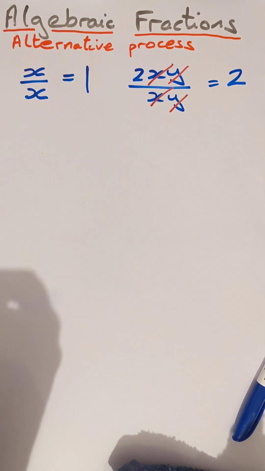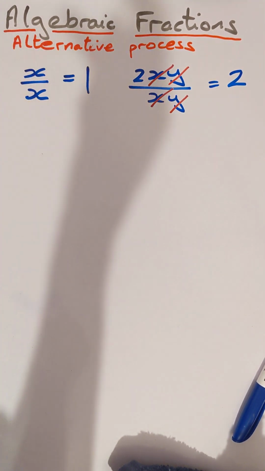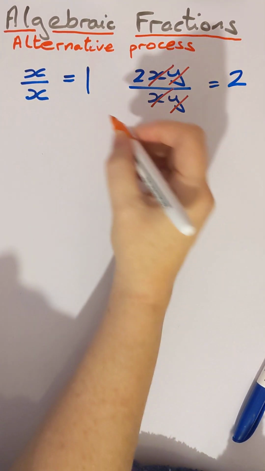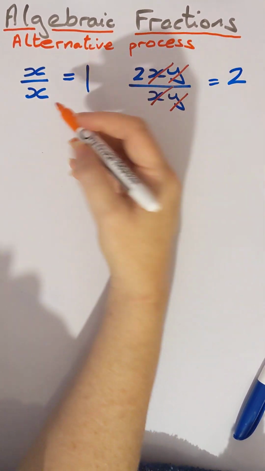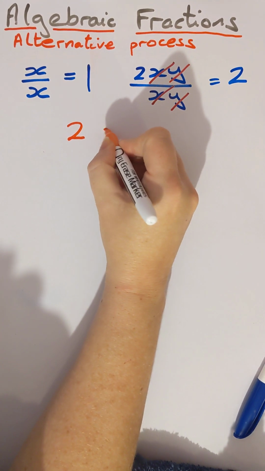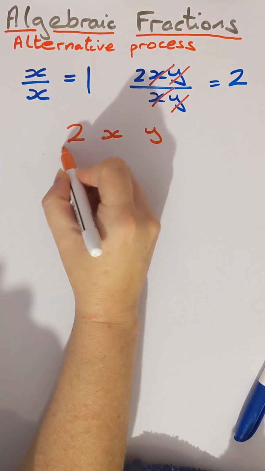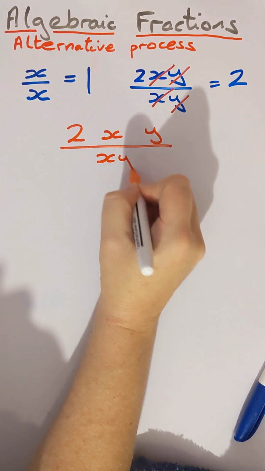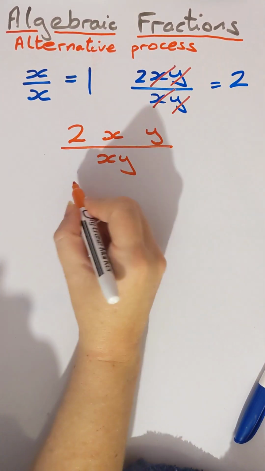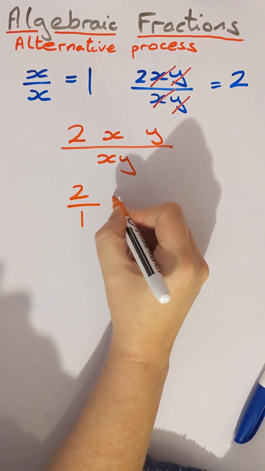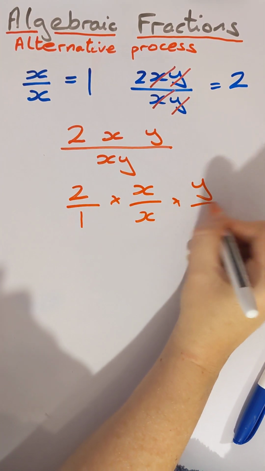Now where's the confusion, you're asking? Let's have a look at it in a slightly different format. 2 times x times y over xy could be written as 2 over 1 times x over x times y over y.